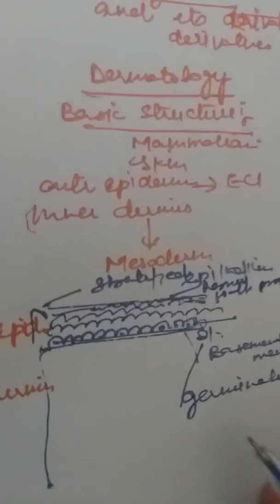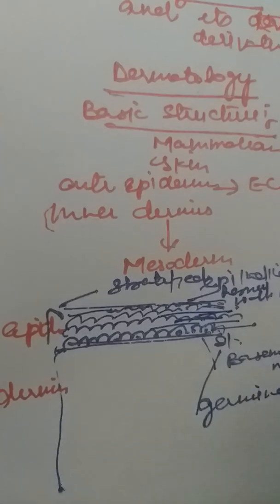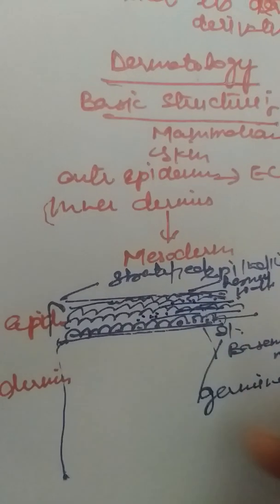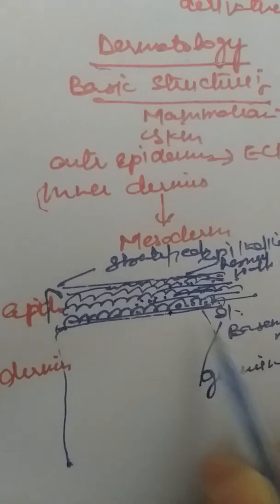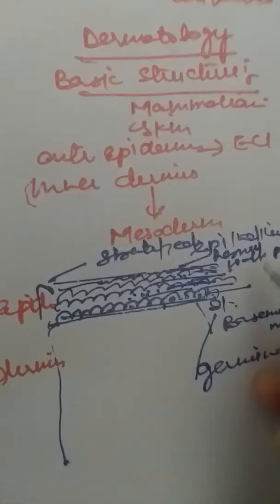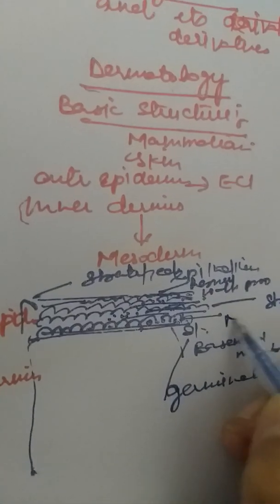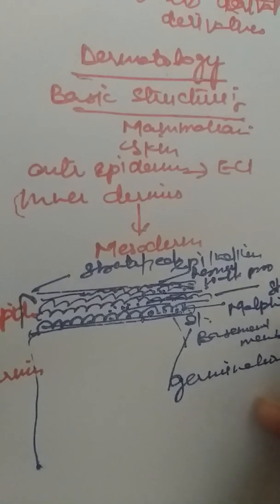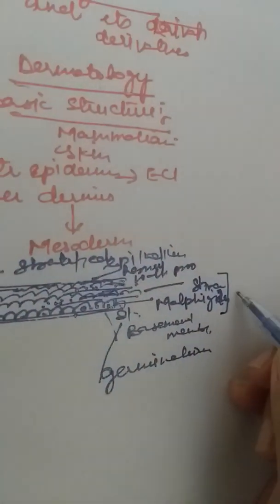The cells have flattened while going up, and have lost the nuclei as well as the cytoplasm, but the lowermost layer is the stratum malpighii, also called stratum germinativum.